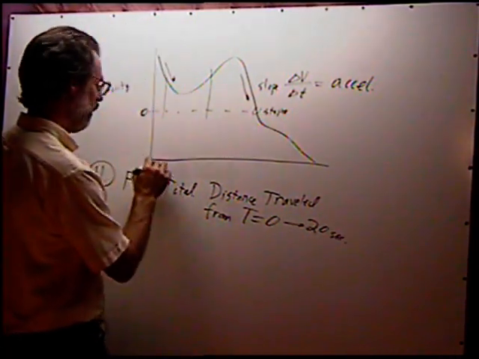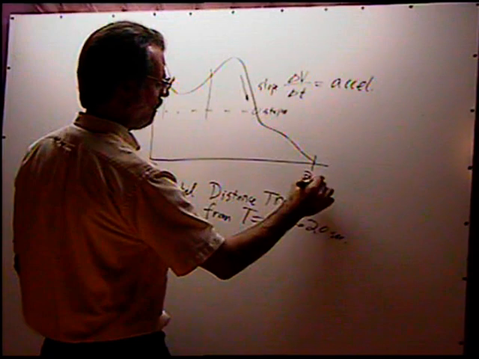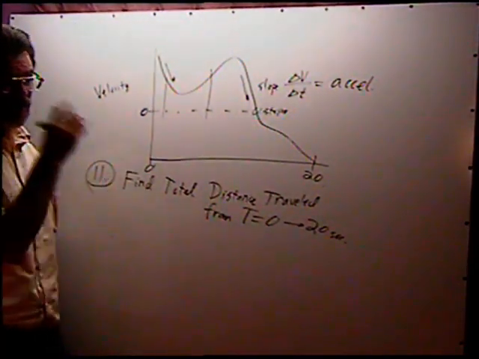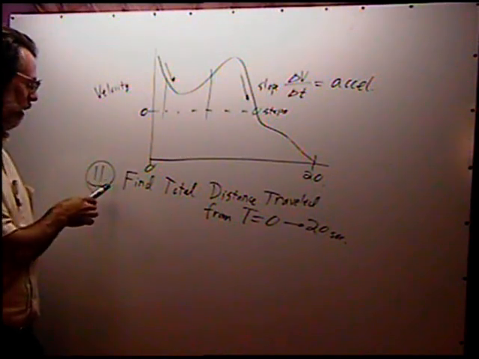And this starts out at 0 and it goes to 20 seconds out here. So now this is not in the book, this is not even one of the questions, but I've added it.